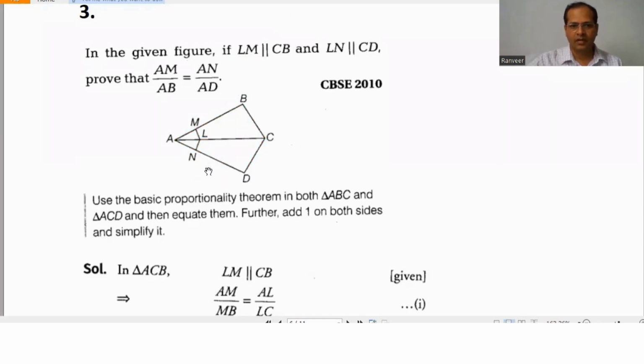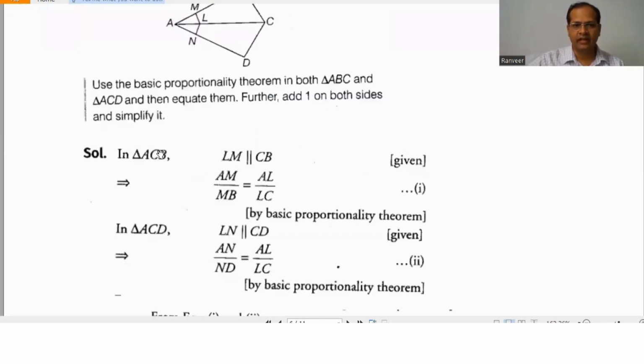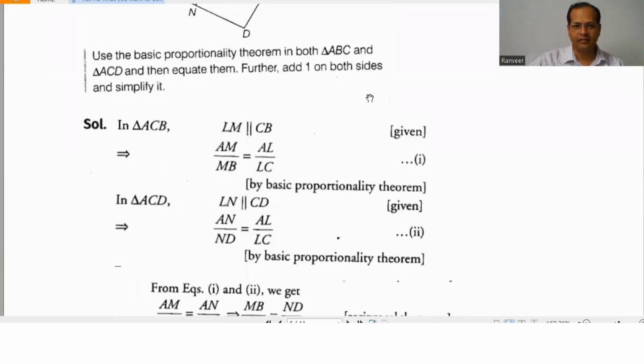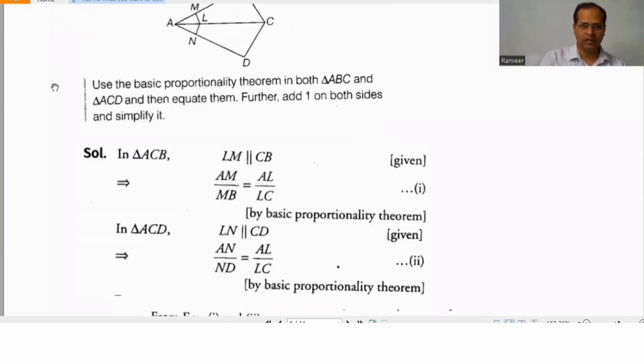Now triangle ACB we will take first. It is given LM is parallel to CB.